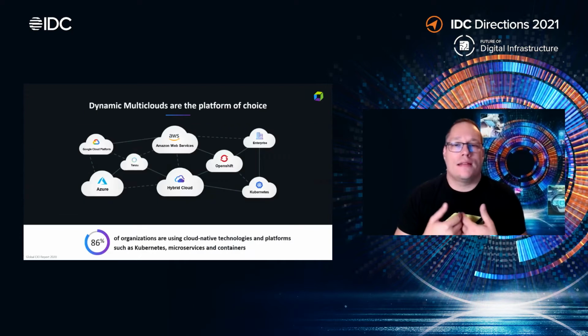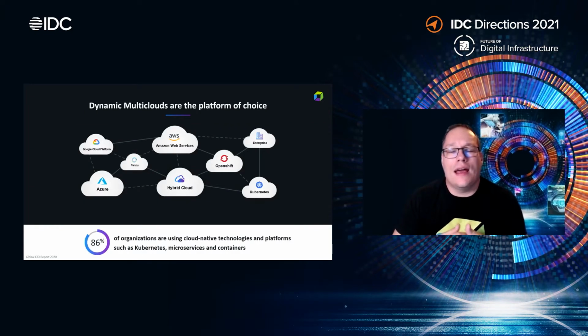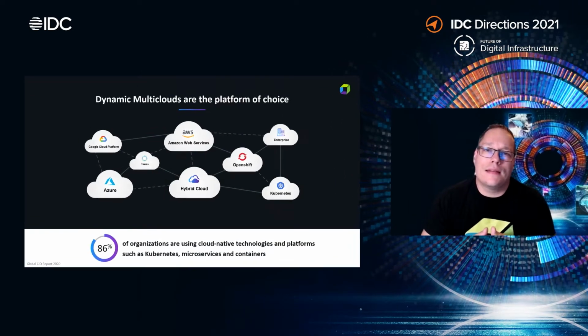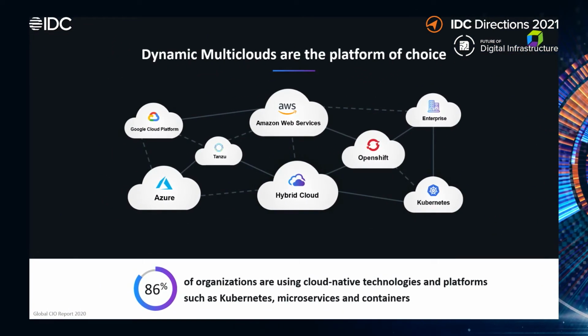Now, if I look at our customer base, the organizations that I work with, one thing has become pretty clear: this digital transformation is going to happen on a multi-cloud platform.